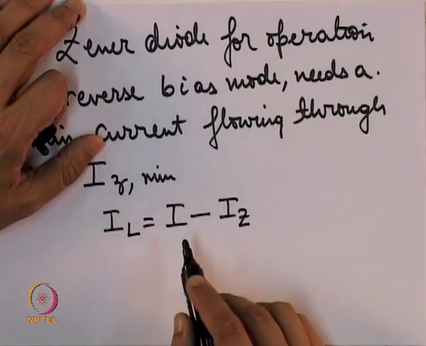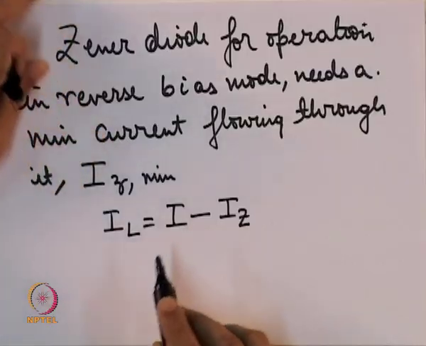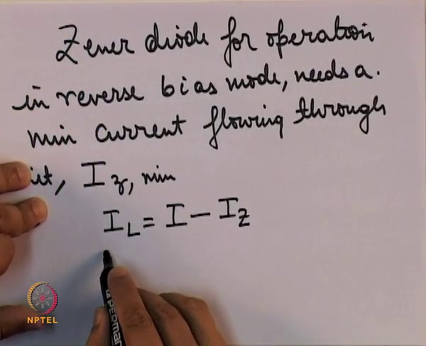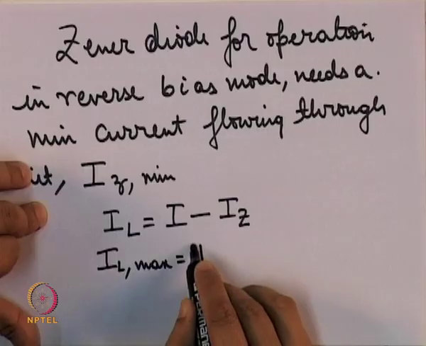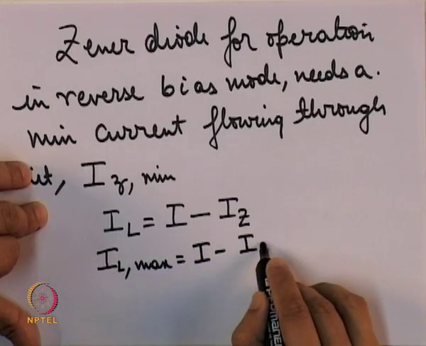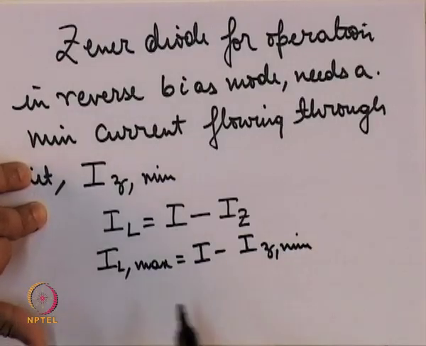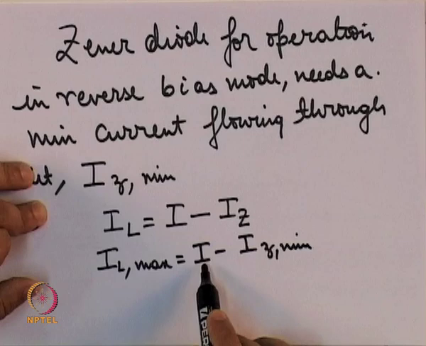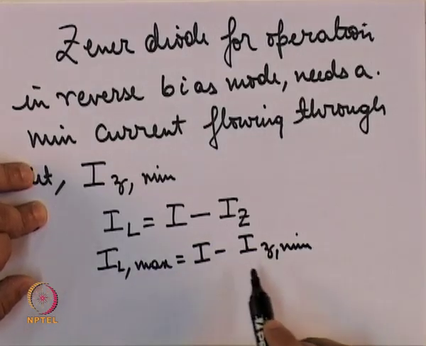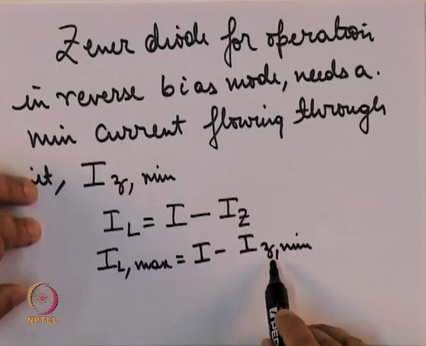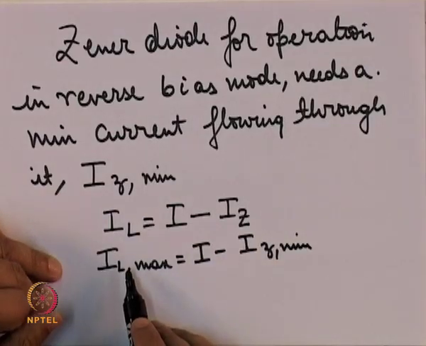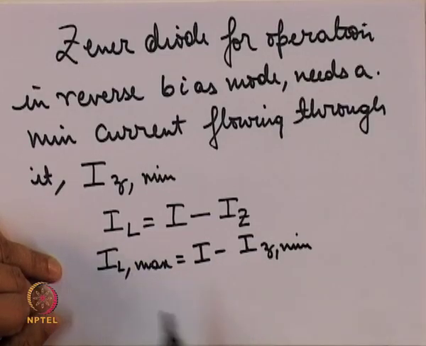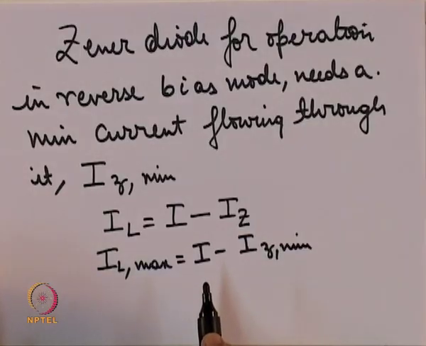If this I is fixed, then the maximum load current that can be supplied is given by I minus IZ min. So, if my supply current is constant and the minimum current is flowing through the Zener diode, then the maximum current that I can supply to the load will be IL max, and that will be given like this.